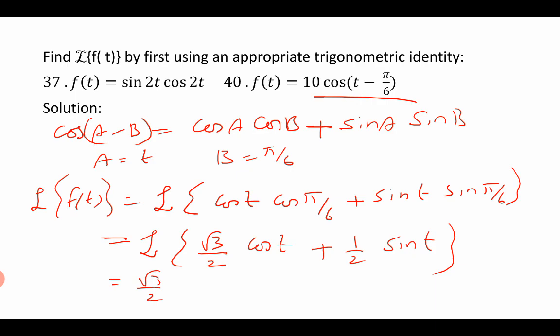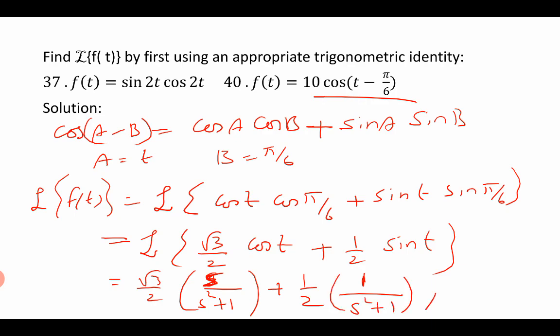What is the Laplace of cosine t? Cosine 1t, k is 1, s over s square plus k square, with k square being 1 square, isn't it? This is for the first term. Second term, 1 by 2 is constant. What is the Laplace of sine t? For cosine you will get s in the numerator. For sine you will get a constant in the numerator. 1 over s square plus 1 square. That's the end of this problem.